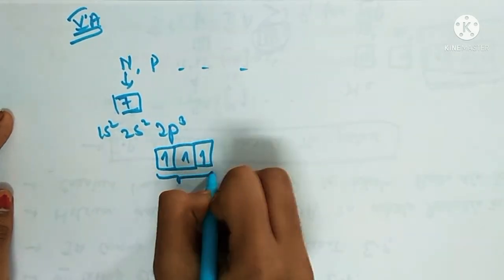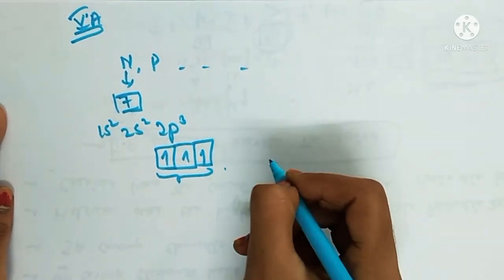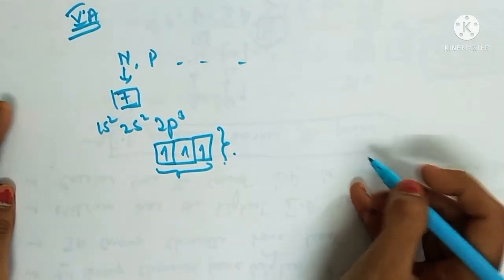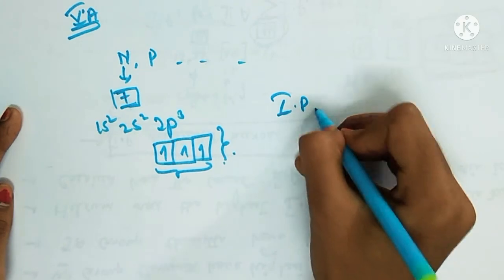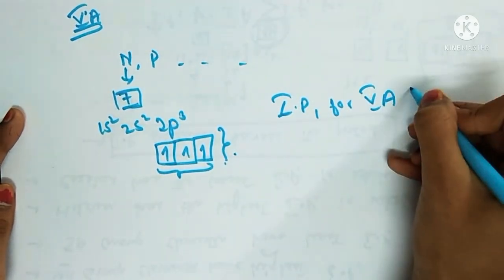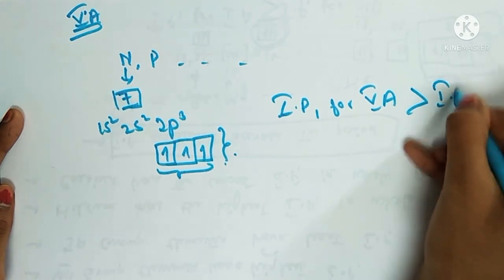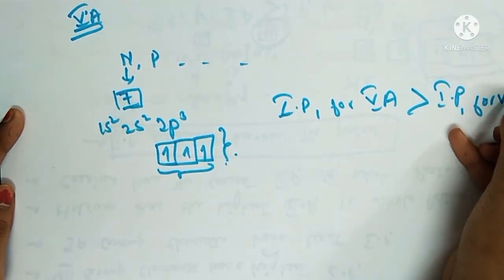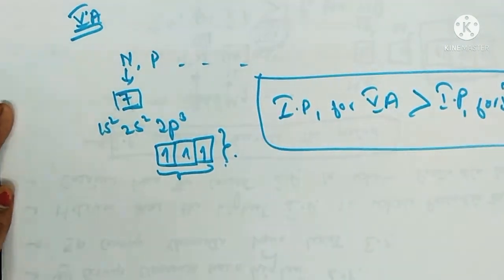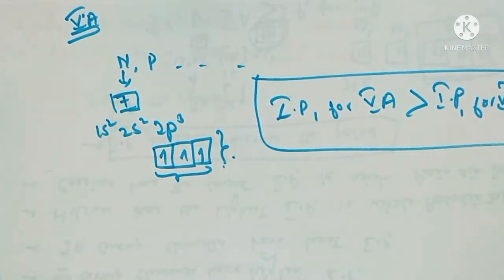The p orbital is half filled. So as it is half filled, the removal of electrons from this p orbital will be harder. So the IP1 for 5A group elements is greater than IP1 for 6th A group. These are the two exemptional cases in the IP.